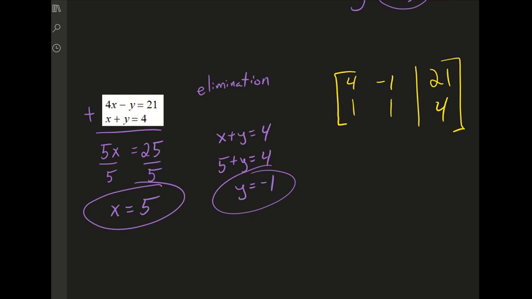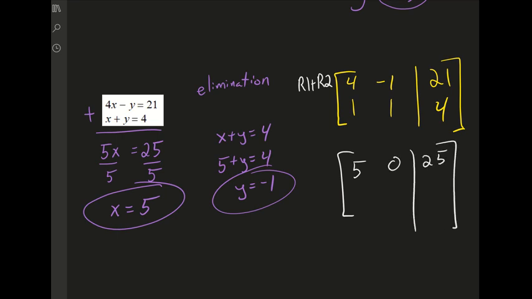What we'll do is row 1 plus row 2. Then we end up with 5, 0, 25. And then row 2 is unchanged. Then we can take 1/5 row 1.